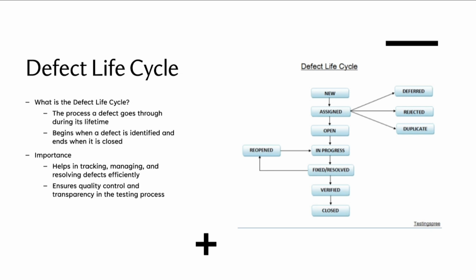We also keep track of what kind of defects need to be solved, and developers should also have some kind of track for this. So the main purpose of the defect life cycle is tracking.